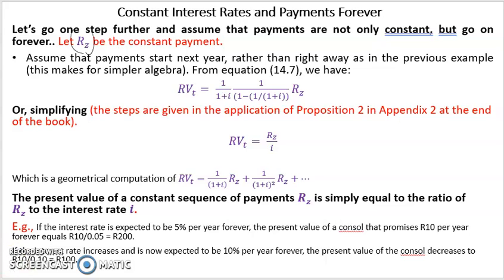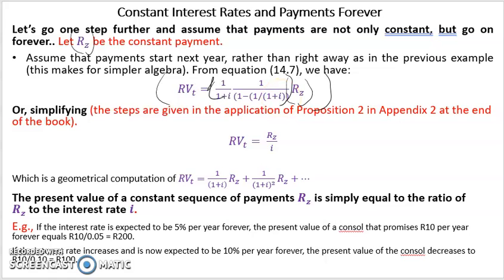So if you assume that the payment starts next year rather than right away, as in the previous example, we would get that from equation 14.7. We'll have this one. This basically shows a heavily discounted or weighted sequence of payment, which is RZ, and it's discounted by these discount factors.